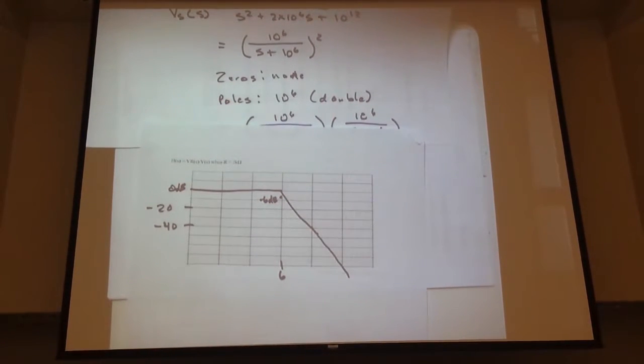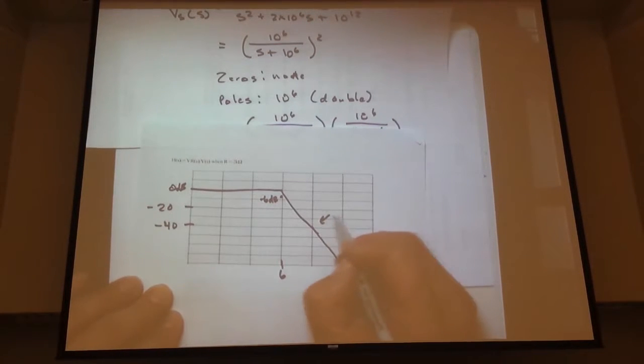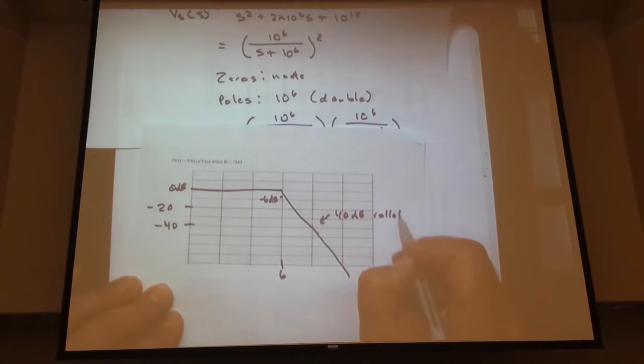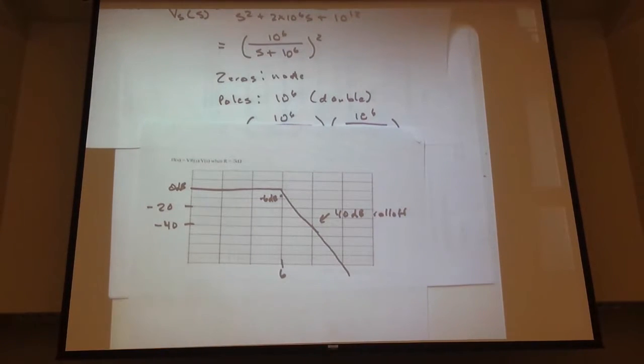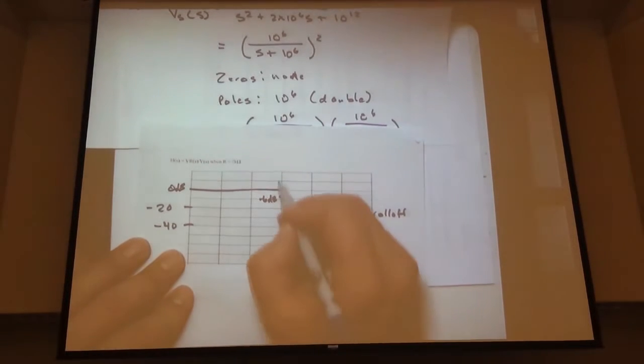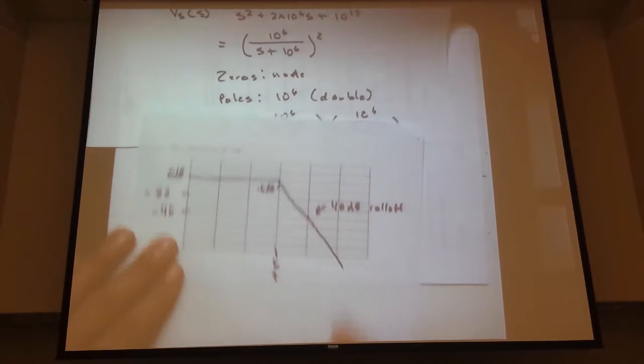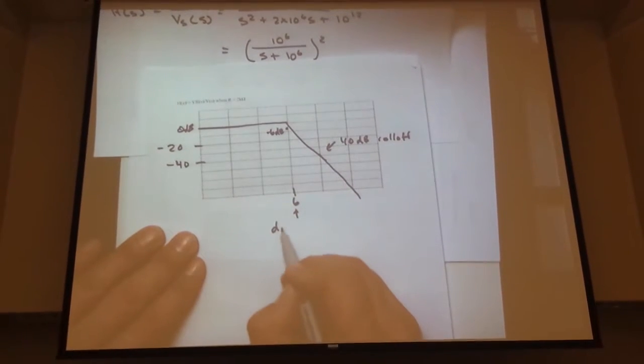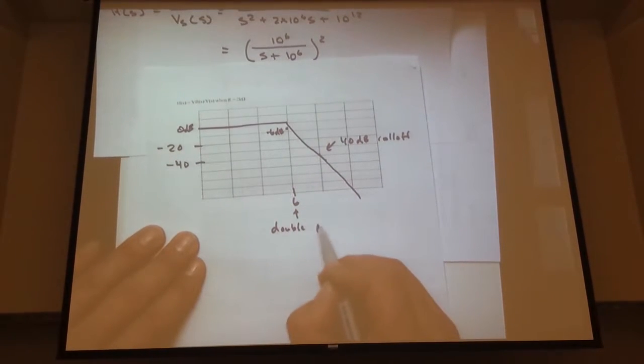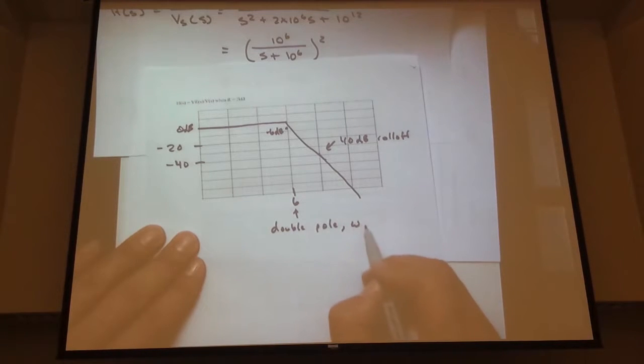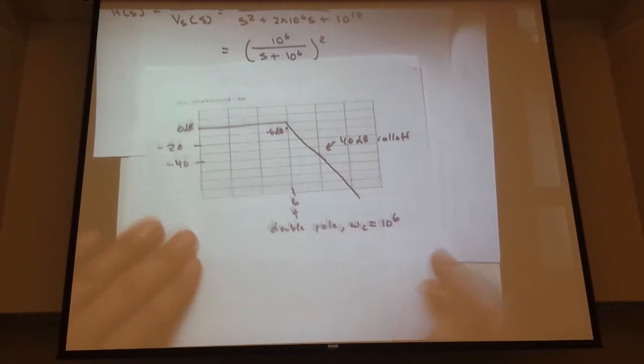What's nice, we have 40 dB roll-off. What's bad, we have minus 6 dB at our cutoff frequency. And this now does become a little bit more meaningful. This is omega, this is our double pole, of course, at omega C equals 10 to the 6th.